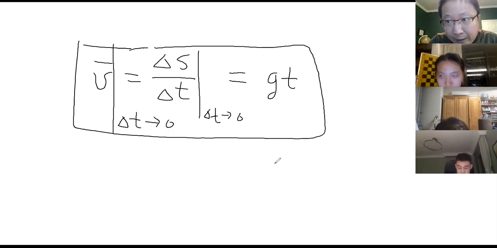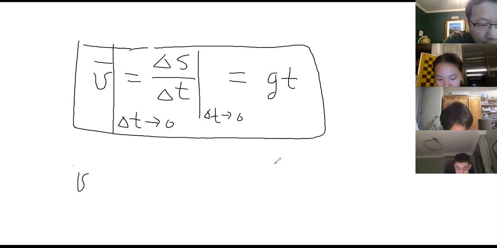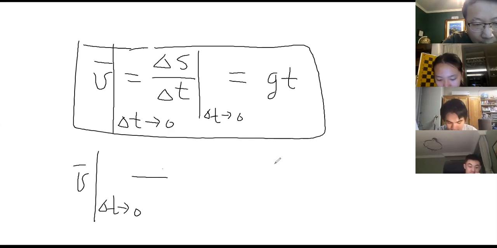In math, this symbol was not invented by Isaac Newton, but rather by Leibniz, a German guy, who co-invented calculus with Newton at roughly the same time. So when this approaches exactly 0, we use delta in this form.